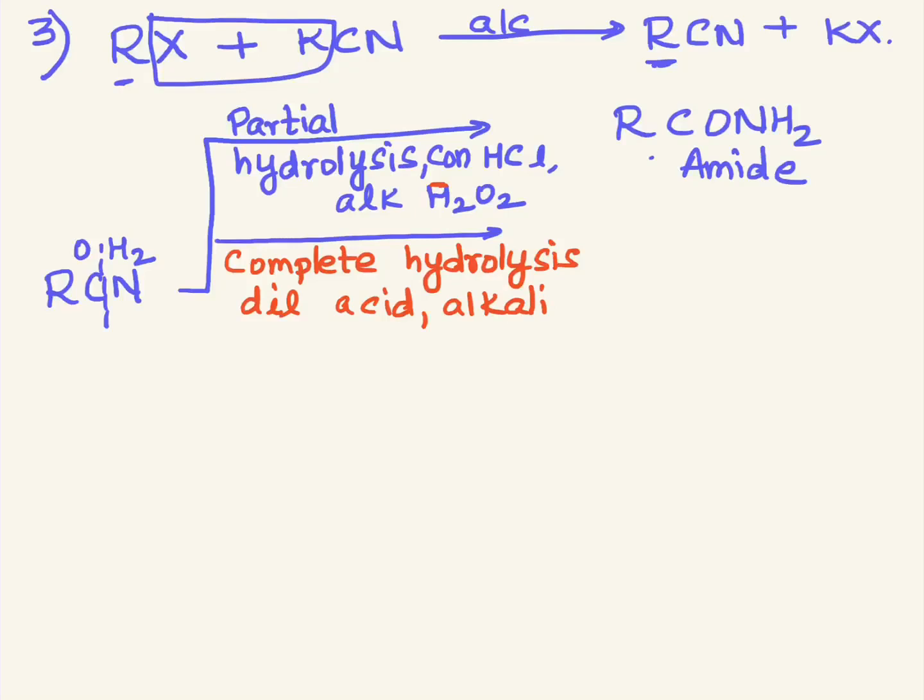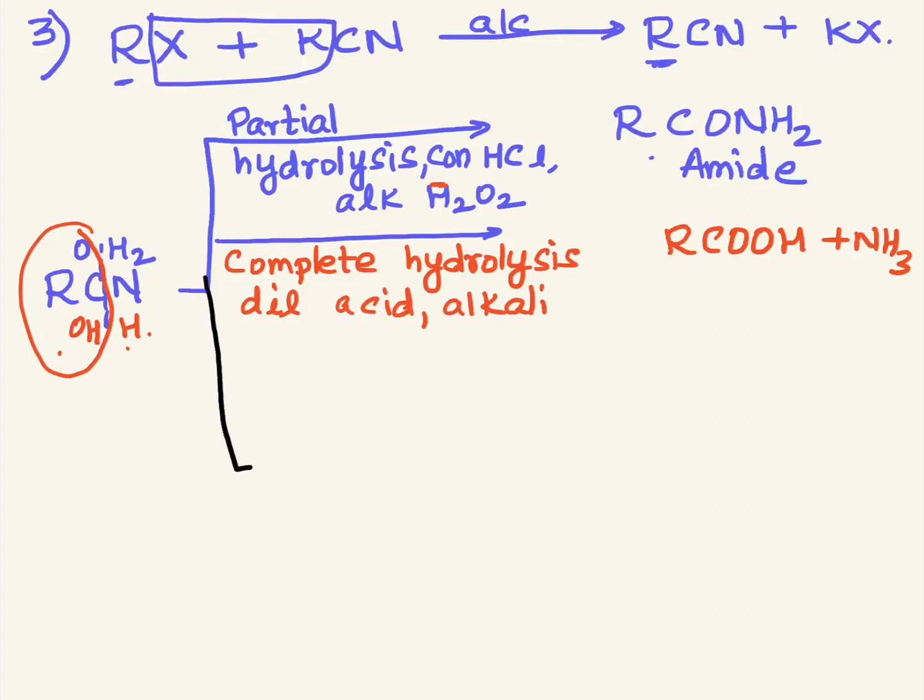So complete hydrolysis means again another molecule of water, so OH and H, HOH. So we have RCOOH and ammonia being formed over here. Oh, interesting, isn't it? We have formed an acid from an alkyl halide. Wow, look at that. How fast you are going ahead with your learning.